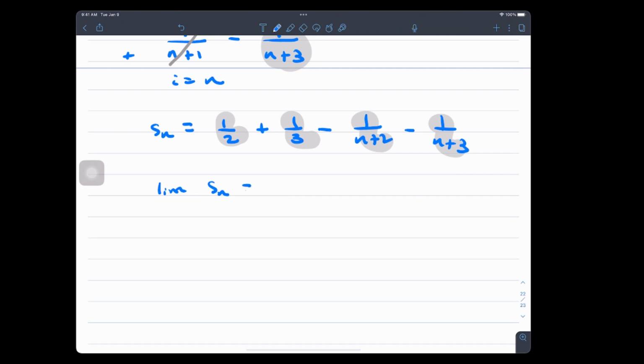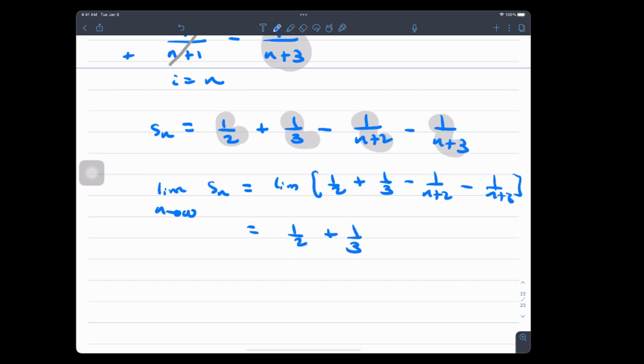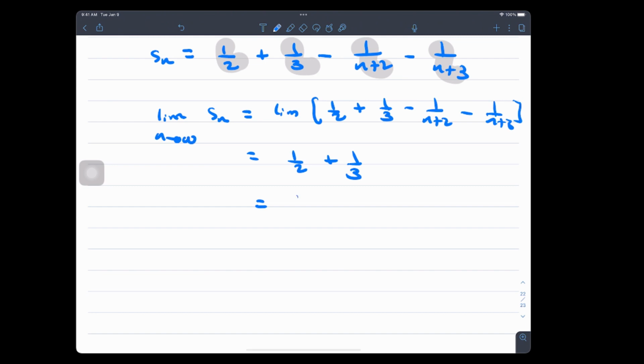So the limit of Sn, as n gets big, is that limit, again, of everything we just saw: 1/2 plus 1/3 minus 1 over n plus 2 minus 1 over n plus 3. And then that limit's going to be 1/2 plus 1/3. And if you do your arithmetic, that's a finite number, 5/6. So the sequence of partial sums converges to 5/6.